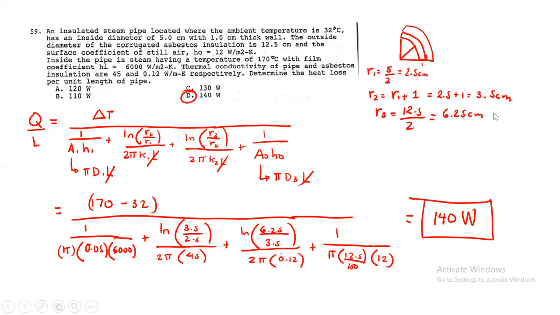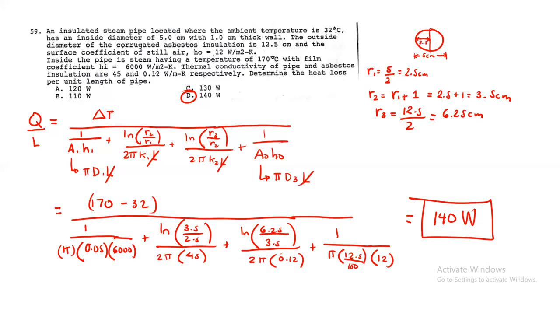So nagets nyo naman kung paano nakuha yung mga radius, no? Ulitin ko lang. Ganito kasi yung unang pipe natin. Meron yung diameter na 5 cm. Then syempre ito yung radius niya, which is 2.5 cm.